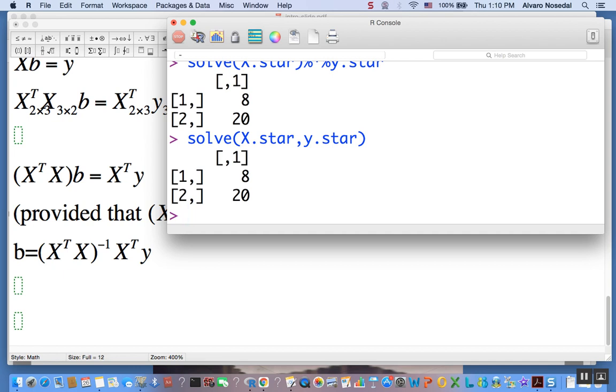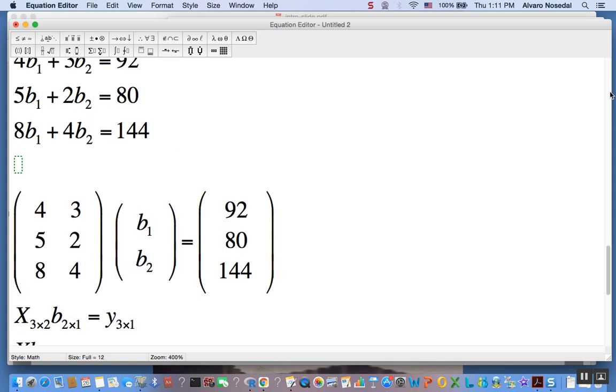We have a new problem, meaning a system of linear equations with more equations than unknowns. We had 3 rows and only 2 columns, meaning 3 linear equations and 2 unknowns, b1 and b2. So we couldn't use Cramer's rule, we couldn't use the inverse approach, right?